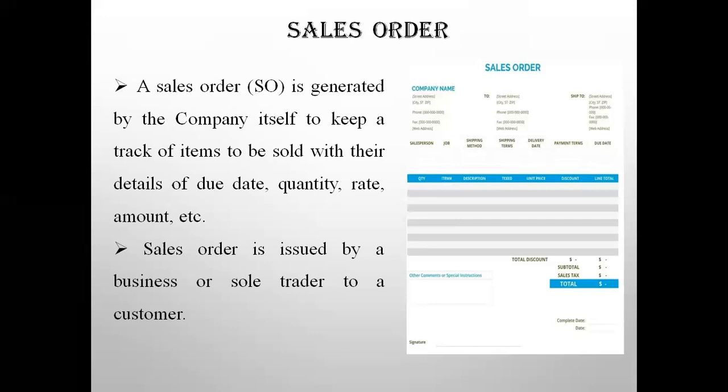Understood? It's an order placed by a customer for the delivery of specified goods at a given price and at a predetermined time. The due date is important here and it confirms the terms of a transaction between a buyer and a seller.